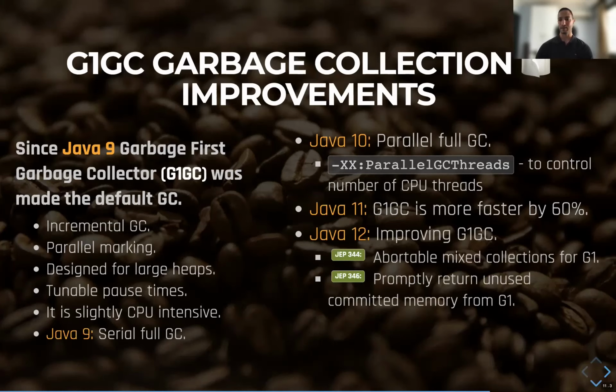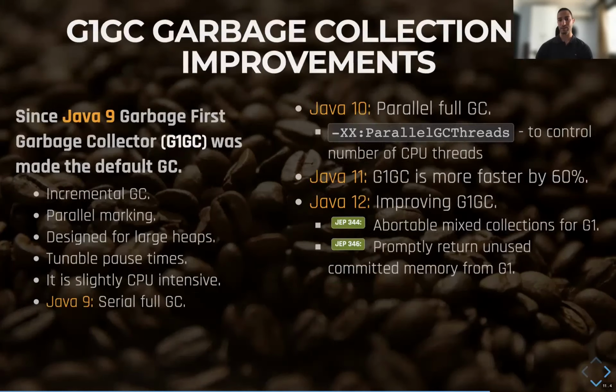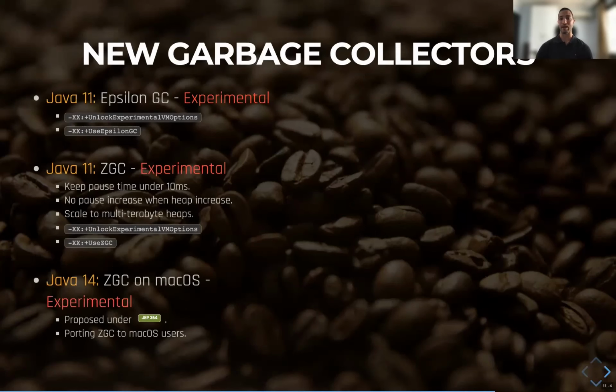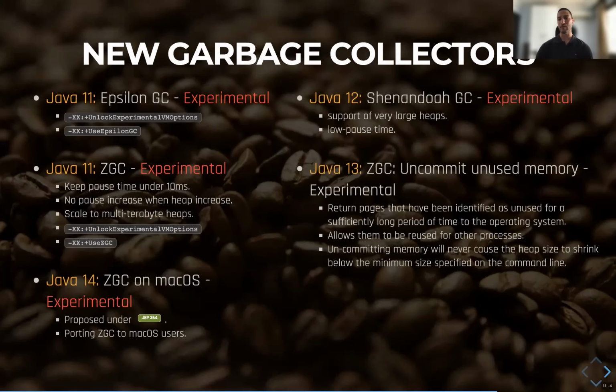So Java 12, there is an improvement. New garbage collectors are introduced here to handle a lot of cases. But one of the most interesting ones is Epsilon, the first one. What is the main purpose of this? It does nothing. It does not handle any kind of memory. But why does it exist? Because the JVM cannot run without a garbage collector. But the main reason, to be honest, is not just this.